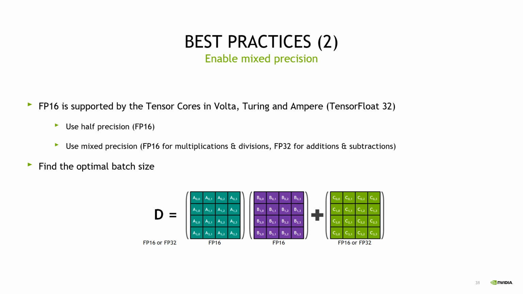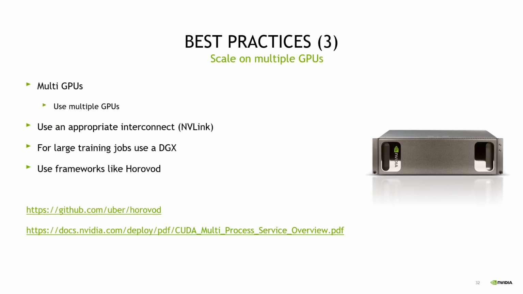Through the AMP library, this is automatic, so you can leave the library to decide whether to use the mixed precision, so the scaled precision, the half precision, or the full precision, or a mix between half and full. Make the code work on multiple GPUs. You can parallelize your code using the Horovod library. This will of course speed up the training, and it's very important that you use appropriate interconnection like the NVLink.